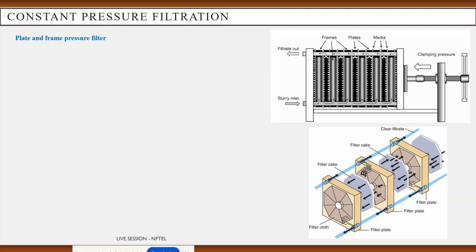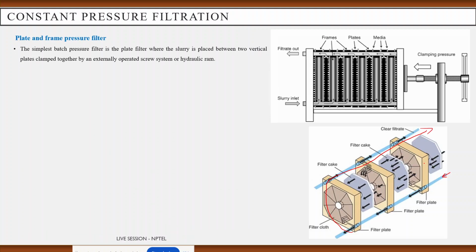In a better view, you can see these are channels connected through the plates. The feed is introduced here, it will go up in this direction, and the clear filtrate would come out.